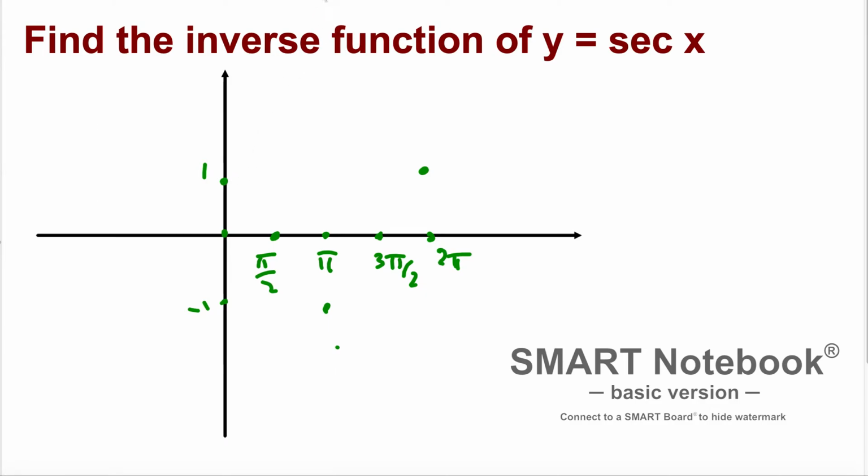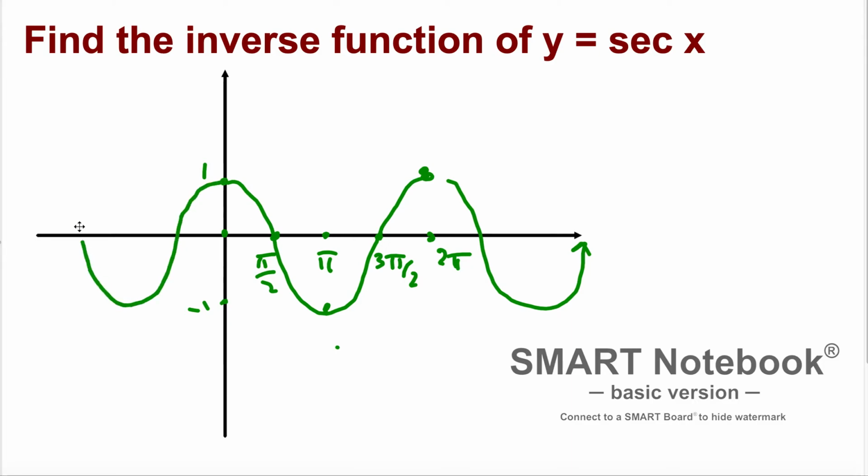If we are drawing the function, let me draw with the green. So that's how it's going to be. And this is going to repeat this period. It's going to repeat from -infinity to +infinity. But now if we are drawing the secant x, it has vertical asymptotes.